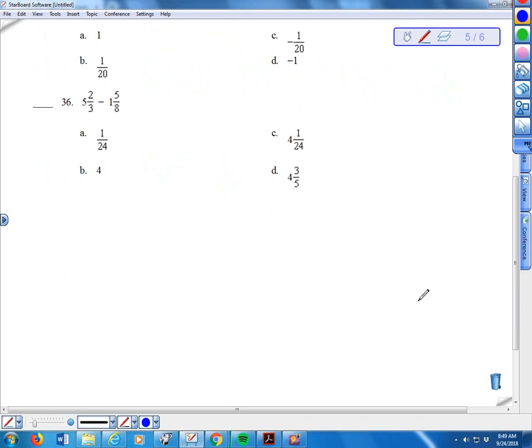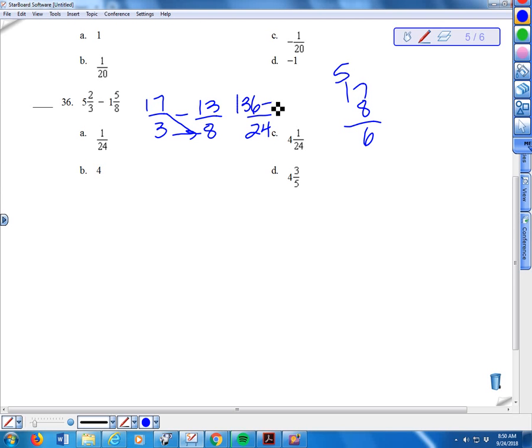Again, put these as improper fractions. It's a subtraction problem. 8 times 17, I don't know. 136. 13 times 3, 39. Yep, 136 minus 39 is 97.